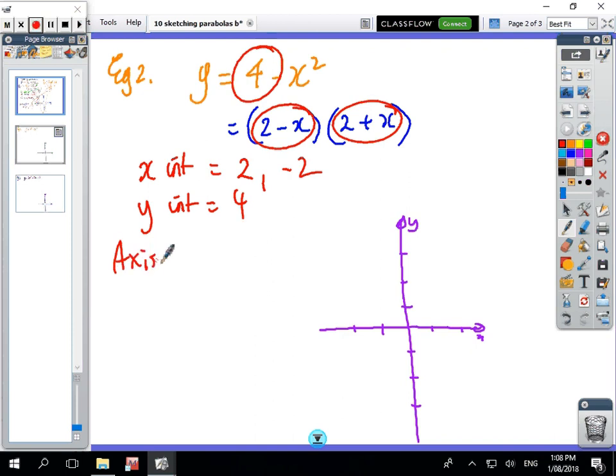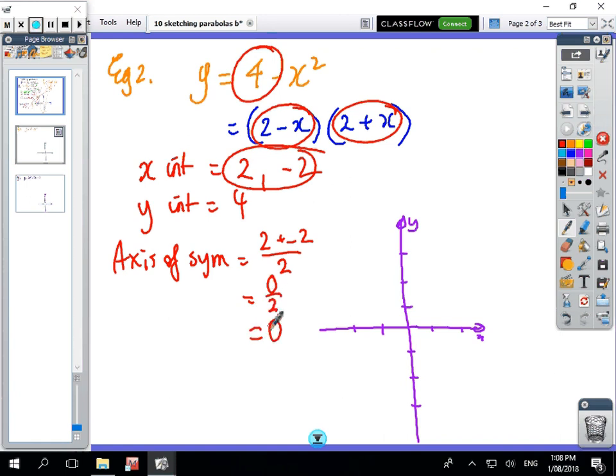The axis of symmetry equals, add those two numbers together, 2 plus minus 2 over 2. 2 plus minus 2 equals 0. So the axis of symmetry is 0. And the turning point is 0. And when you put 0 in there, you just get the 4.